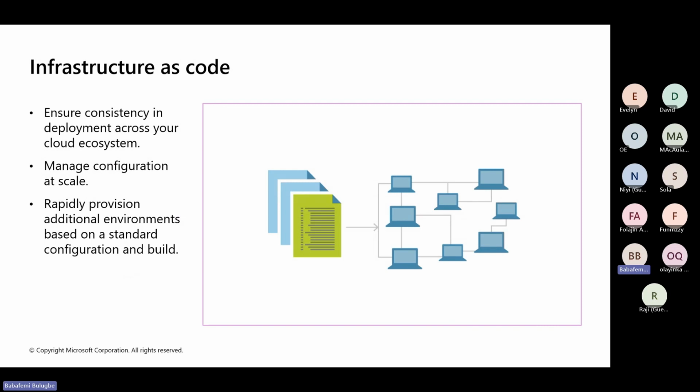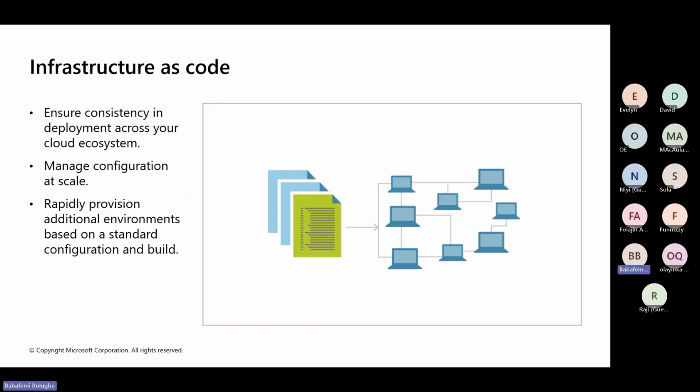I talked about the ARM template, which is the Azure Resource Manager template, saying there is a way you can actually automate the creation of your resources. That means if you are not doing that from the GUI, where I will click on create a resource, then click on create, maybe a virtual machine, and you fill in the basics.